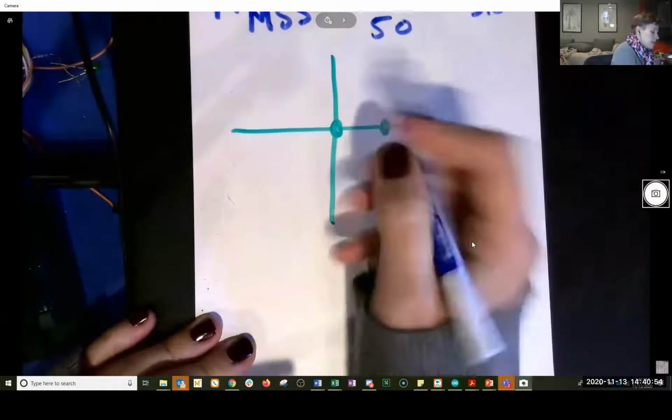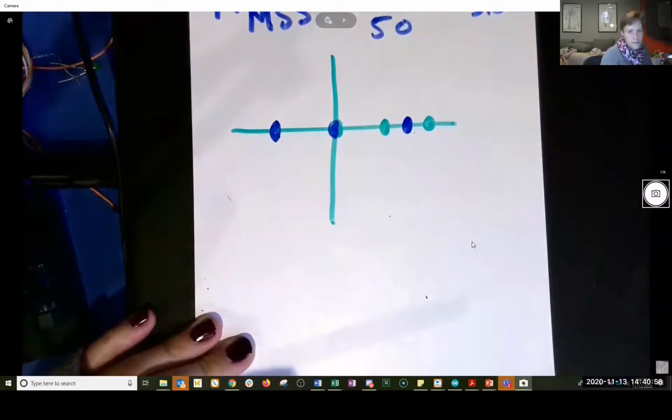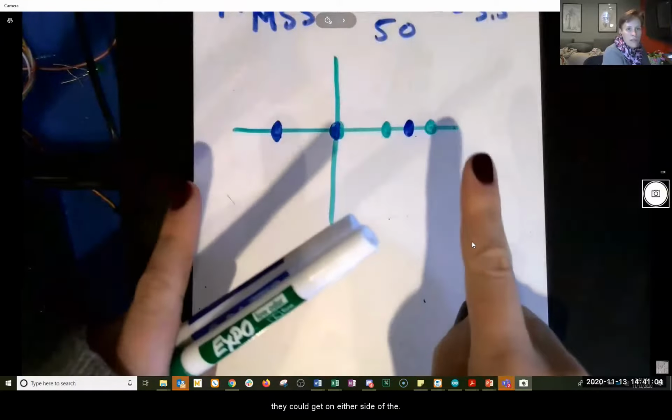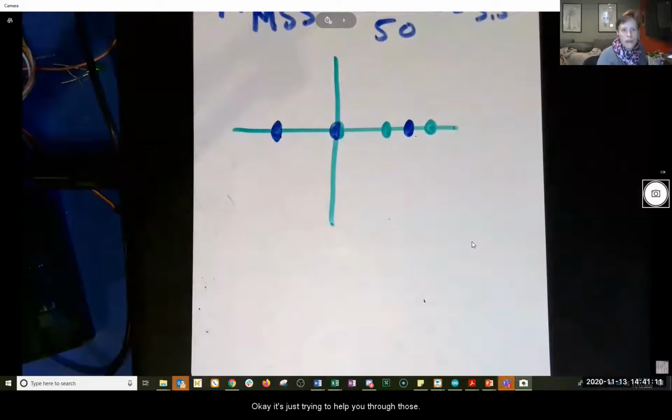These could be in different orders, and they could get on either side of the y-axis, is what it's trying to get at. And it's just trying to help you through those.